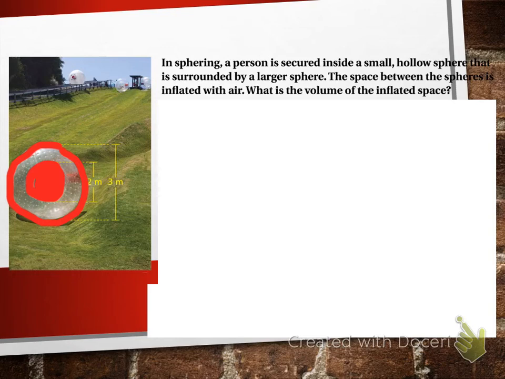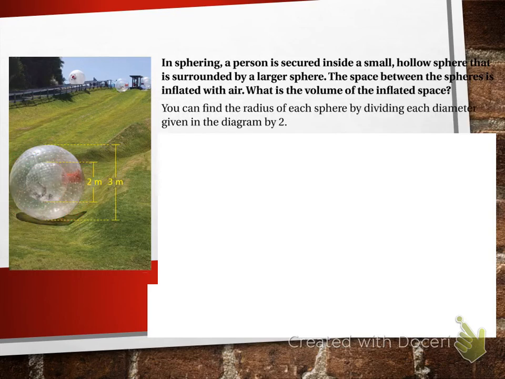When we're looking at that, remember that the volume is 4/3 pi r cubed. Remember that the radius is half the diameter. So you divide the diameter, which in this case for the large circle is 3 and the small circle is 2, by 2.